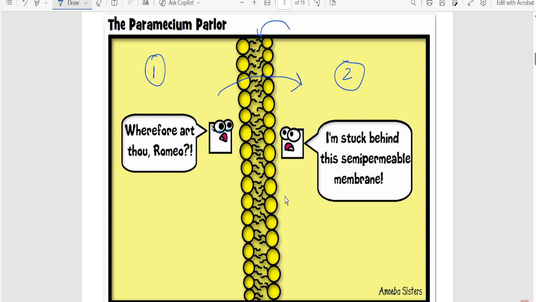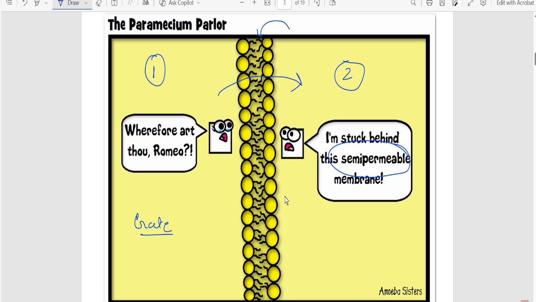The membrane is semi-permeable. There are lots of bacteria and things which can be harmful for the cell, so it works like a gate. It will only welcome what is good for the cell. The cell knows this is good for me, so it will allow it to come in or go out.